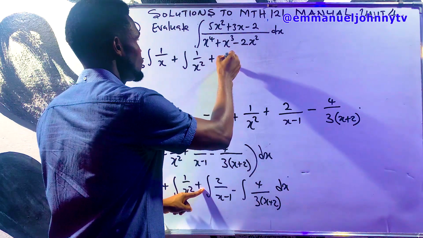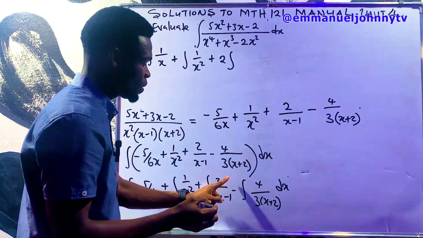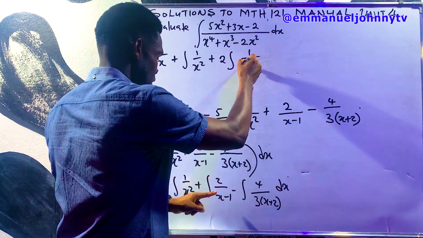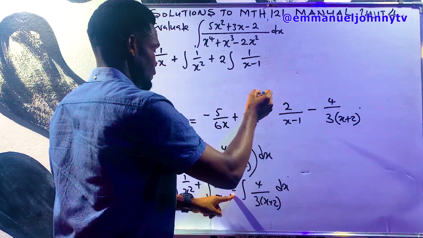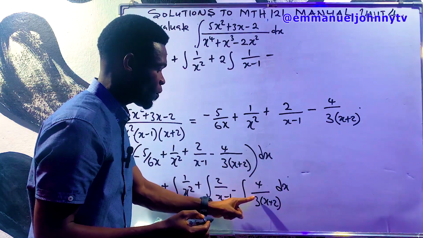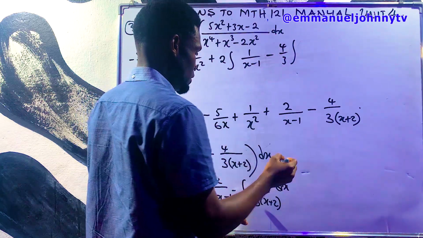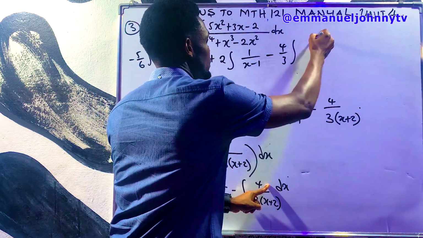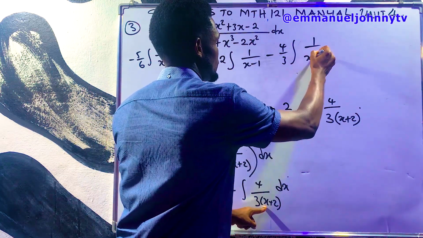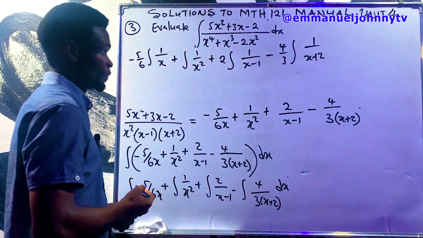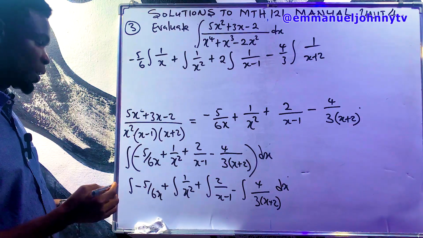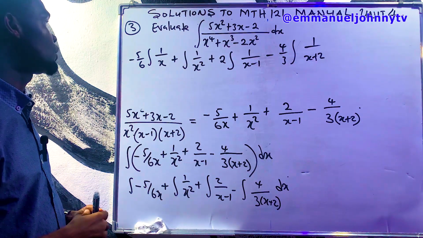So look at it here, 2, then integral, 1 now is on top holding the x minus 1 down. Minus 4 over 3 will come out. So you have 4 over 3 integral of 1 now on top holding the x plus 2. All of them, don't forget, with respect to x, so dx.